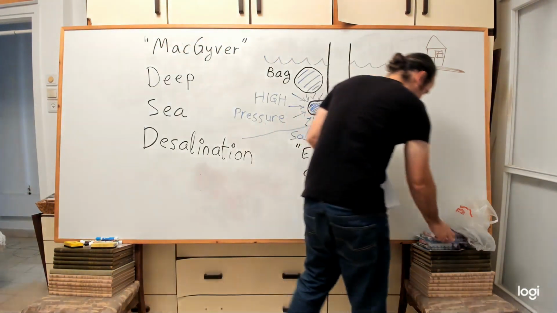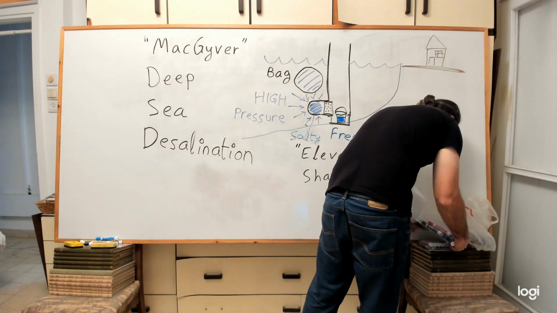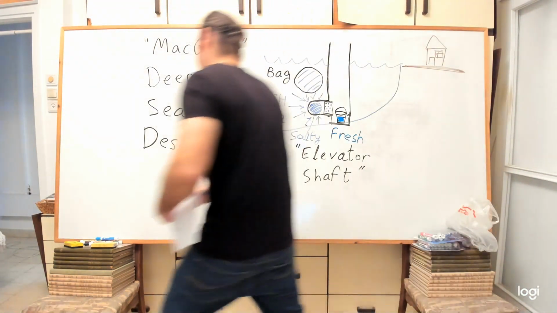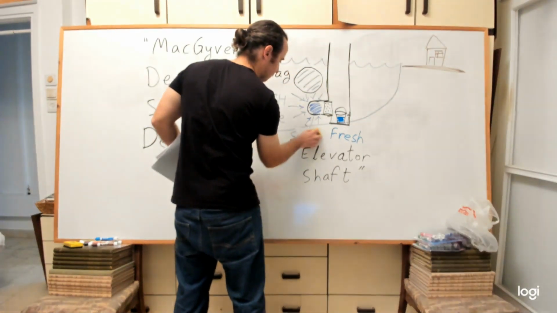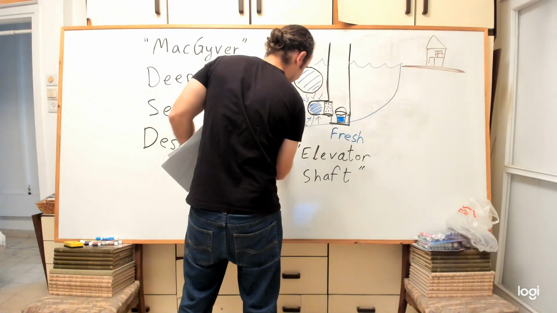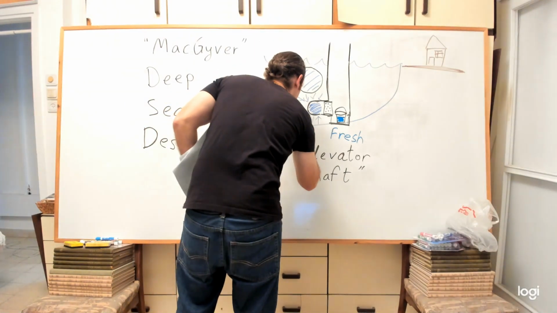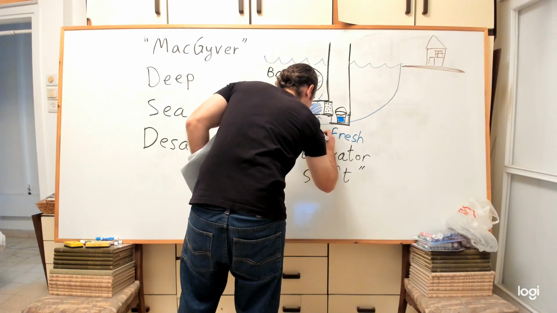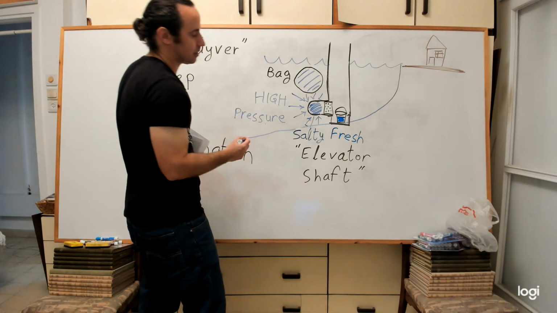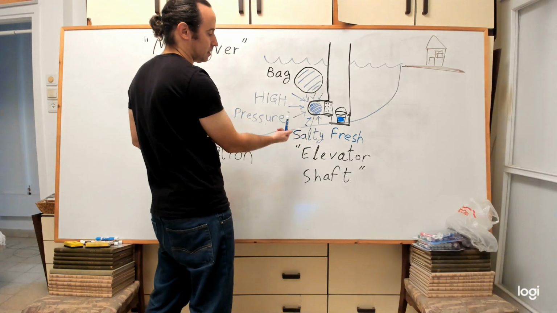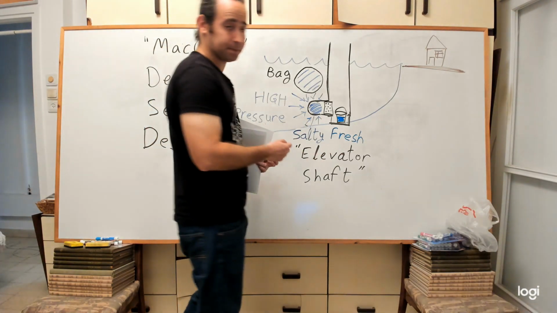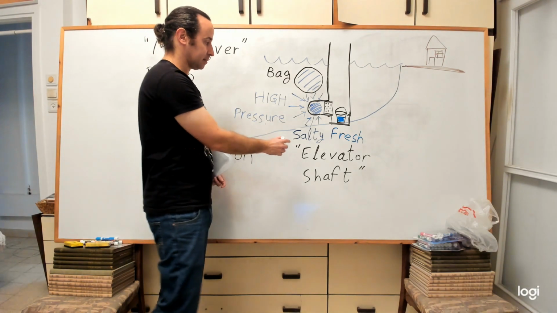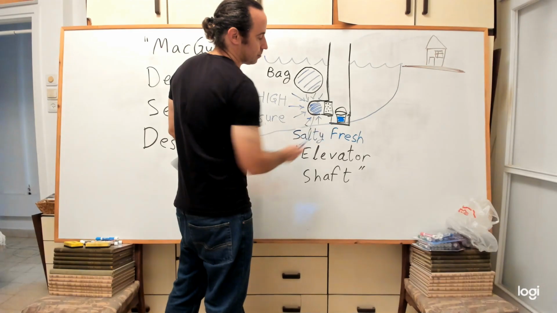I will use another blue. Okay, it looks the same, but this is dark blue and this is light blue. I don't know if you can see it. This is salty and this is fresh.